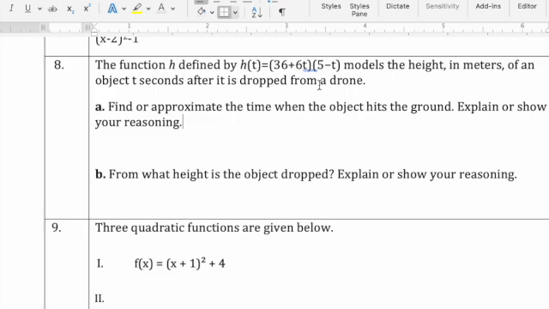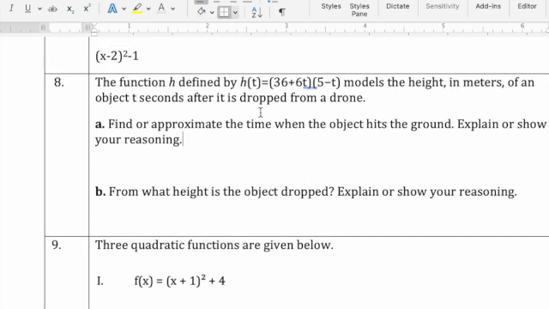So over here, again, we're going to set 36 minus 6t to 0. And in that case, we find t equals negative 6, because 6 times 6 is 36.